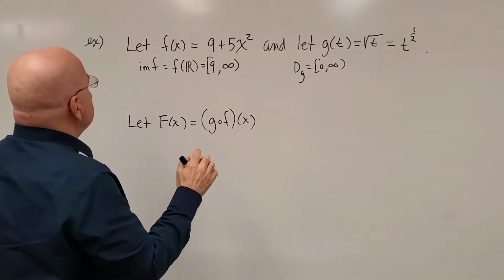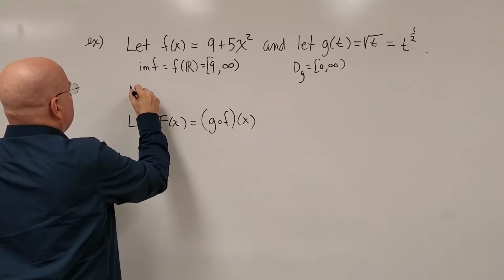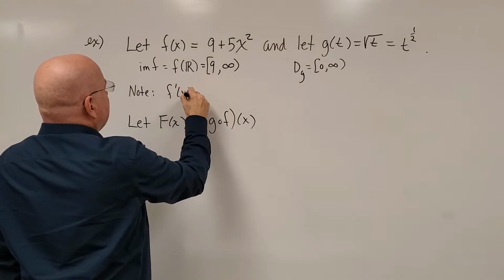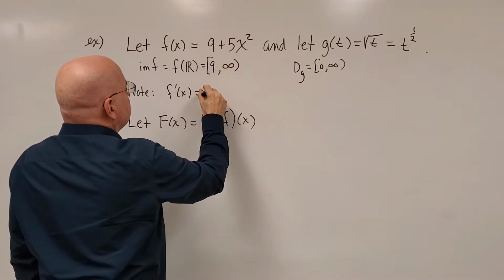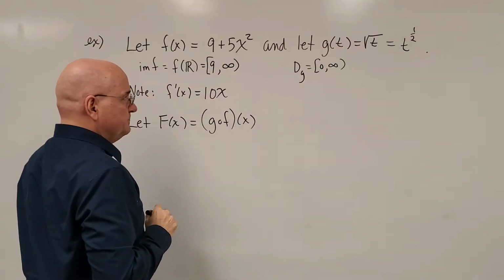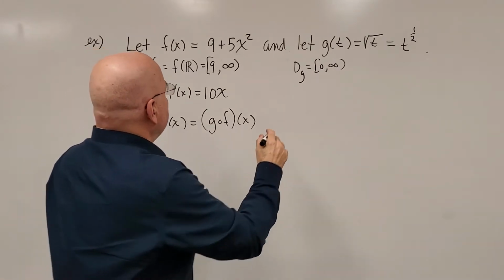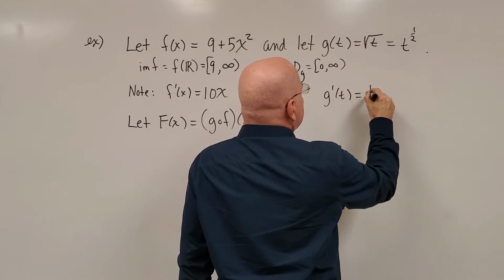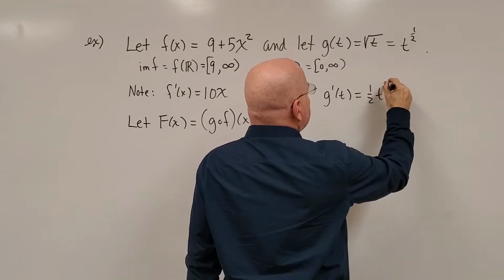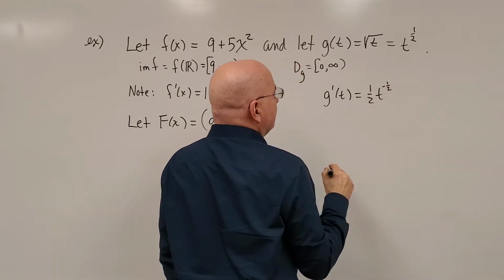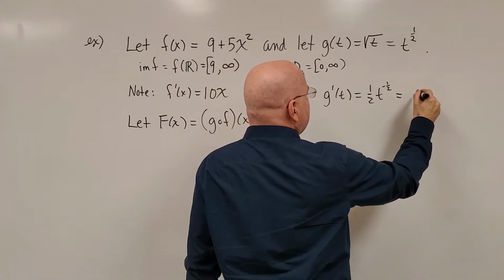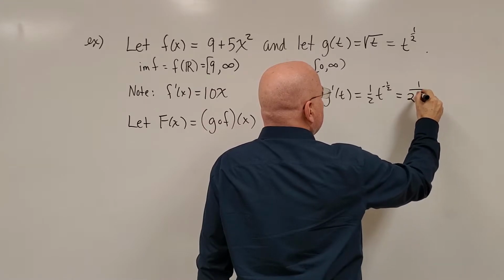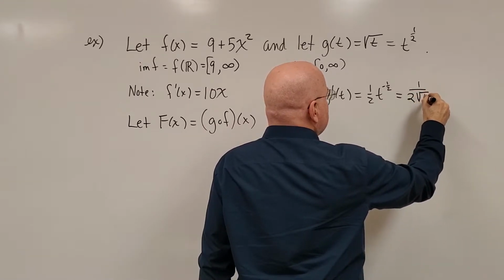So let's note, before we do the derivative, that f prime of x is equal to 10x, and that g prime of t is equal to 1/2 t to the negative 1/2, which I could write as 1 over 2 radical t.